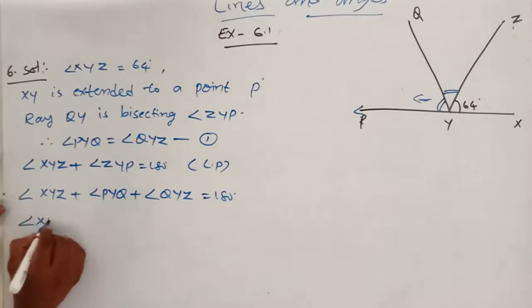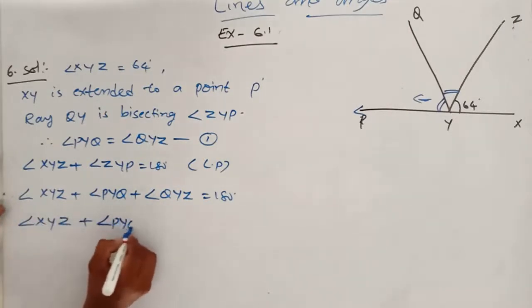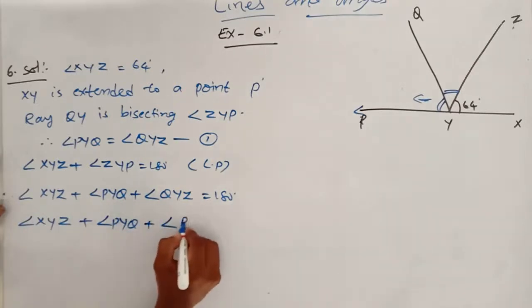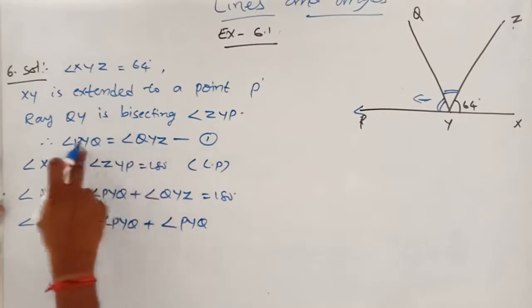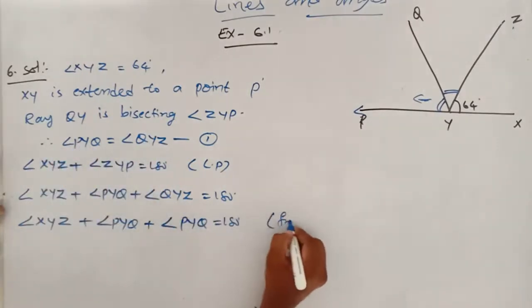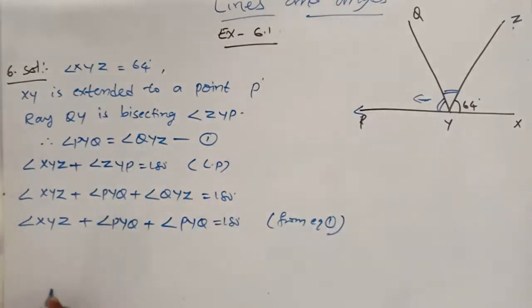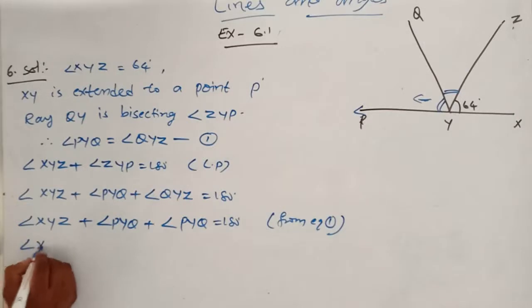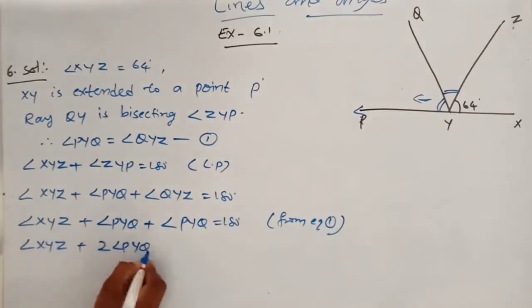So angle XYZ plus angle PYQ plus angle PYQ, because from the first equation QYZ is equal to PYQ, is equal to 180 degrees. Now that is angle XYZ plus 2 angle PYQ is equal to 180 degrees.